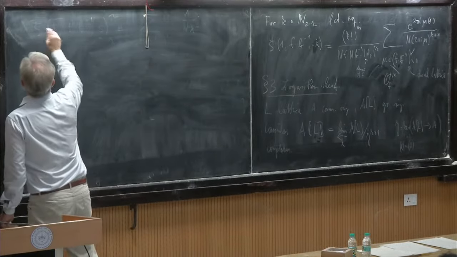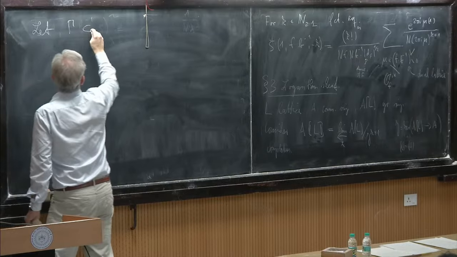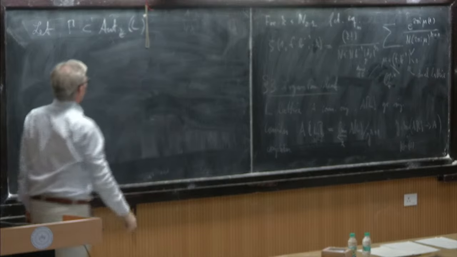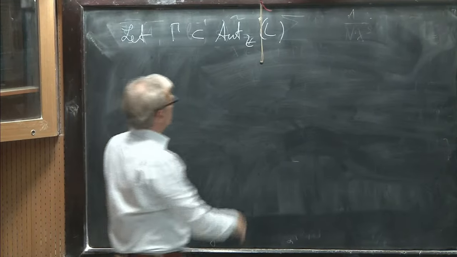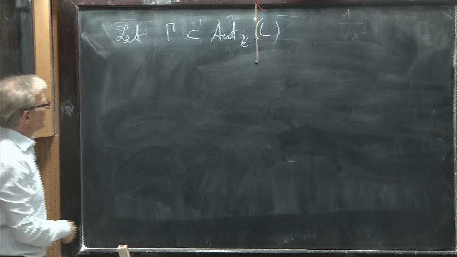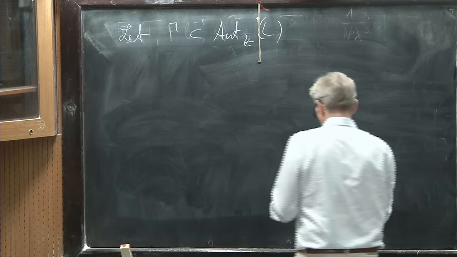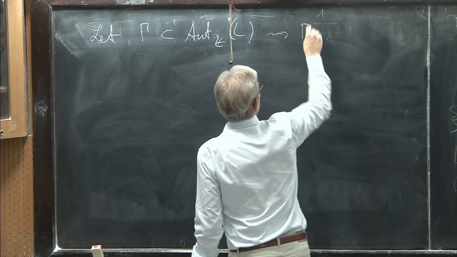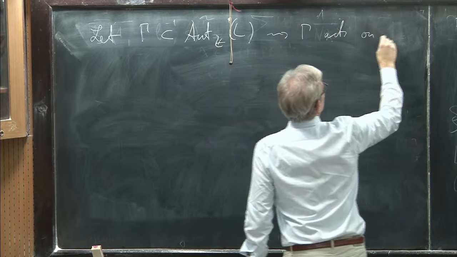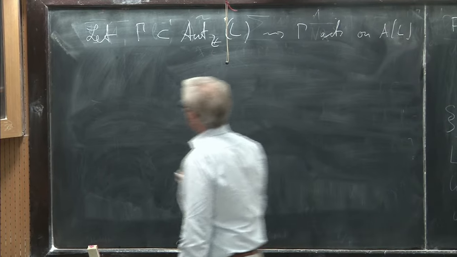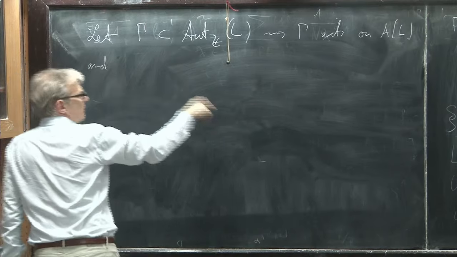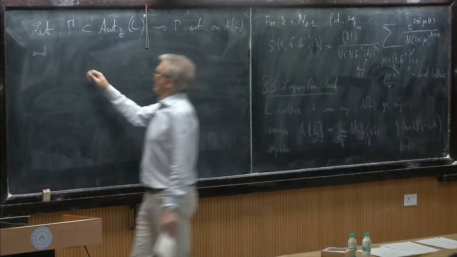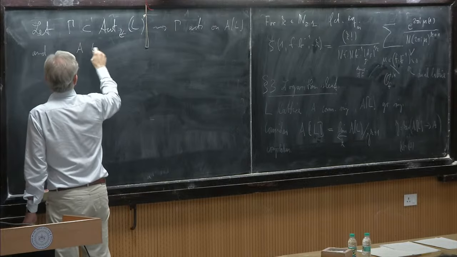So let gamma be a subgroup of the Z-linear automorphisms of L. You can think of a group of matrices with integer coefficients, and then gamma acts, of course, on AL, and you see that because it preserves the augmentation ideal, obviously, it acts also on this completion.